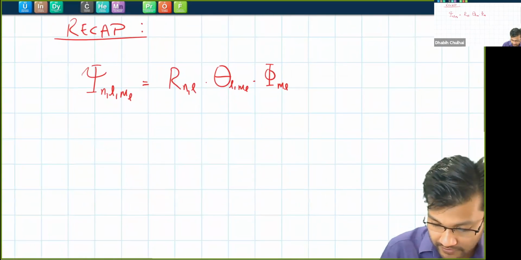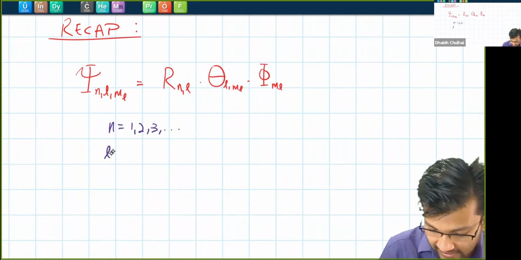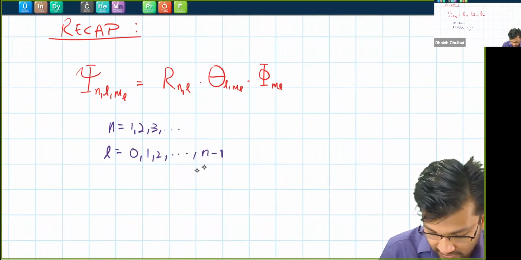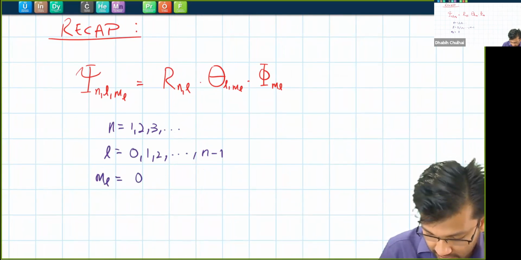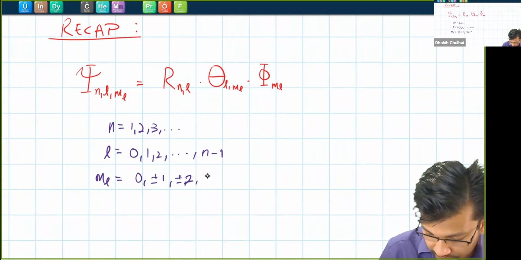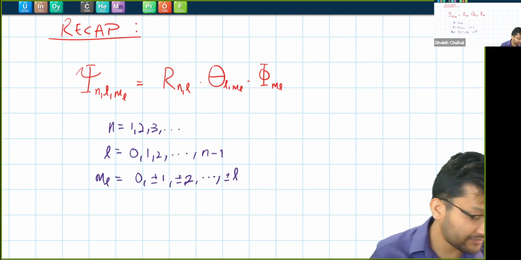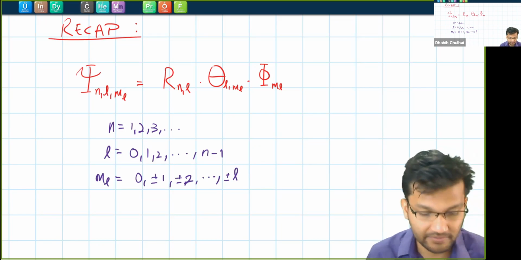So those are the 3 quantum numbers, and we said n could be 1, 2, 3, any positive integers. L could be 0, 1, 2, or so on up to n minus 1. And ml could be 0, plus or minus 1, plus or minus 2, up to plus or minus l.